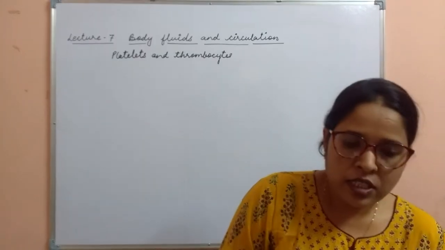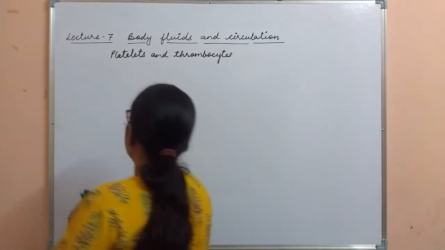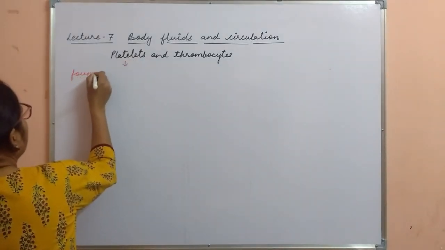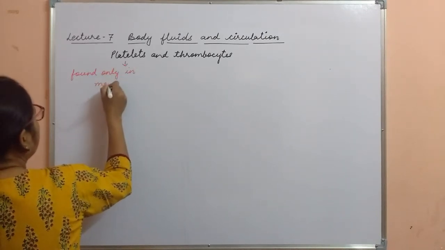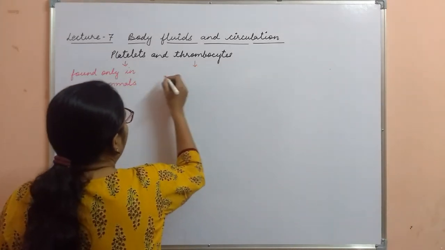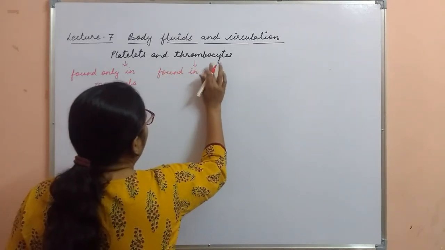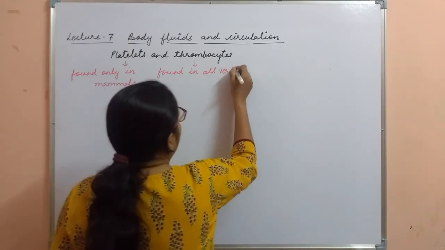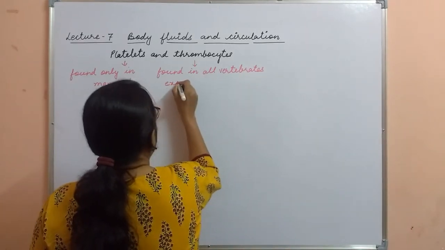Firstly, the platelets are basically present in mammals. Clear? Here the platelets are found only in mammals, and the thrombocytes are found in all vertebrates except mammals.